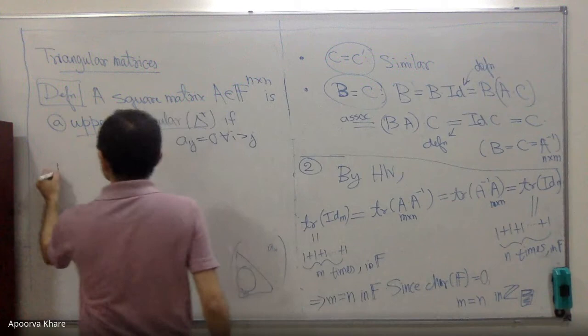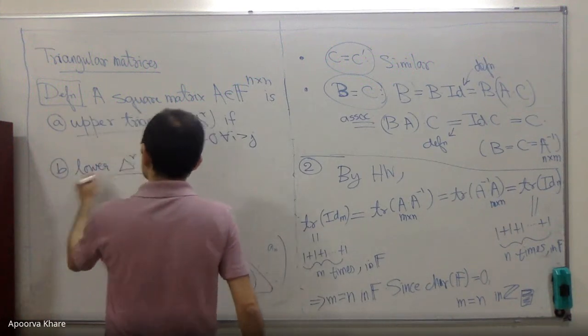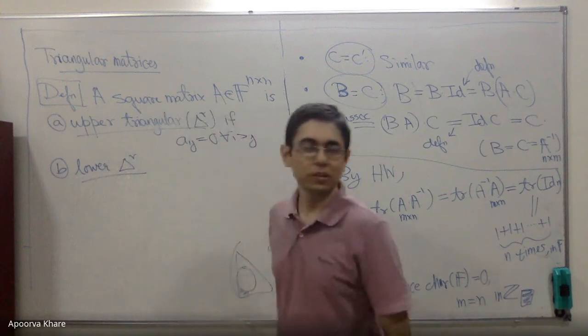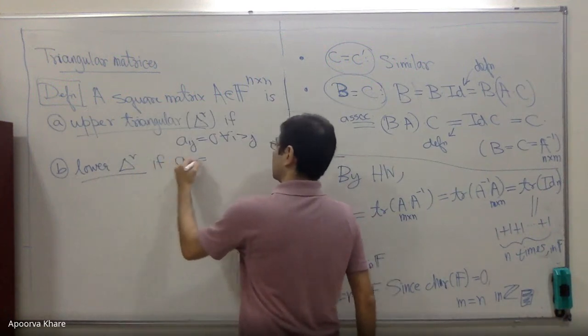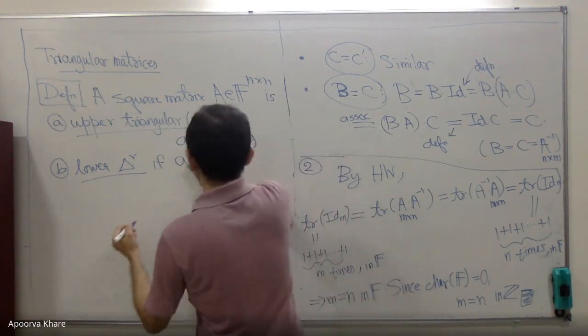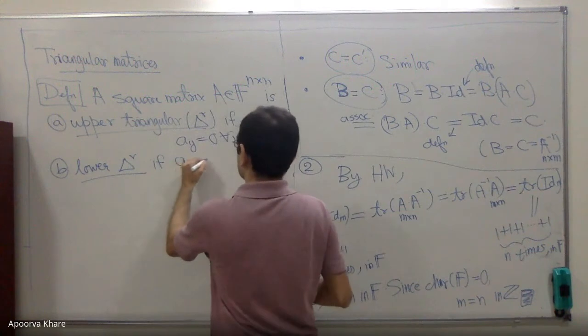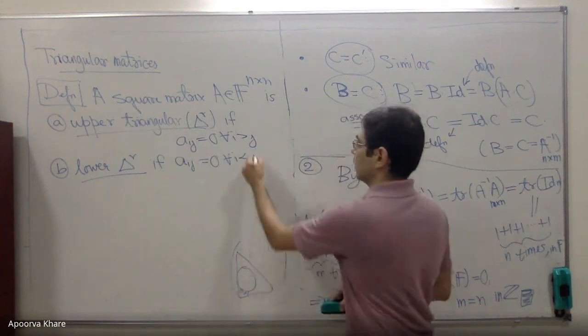Okay. Similarly, it's lower triangular if A_ij equals 0 for all i less than j. Okay.